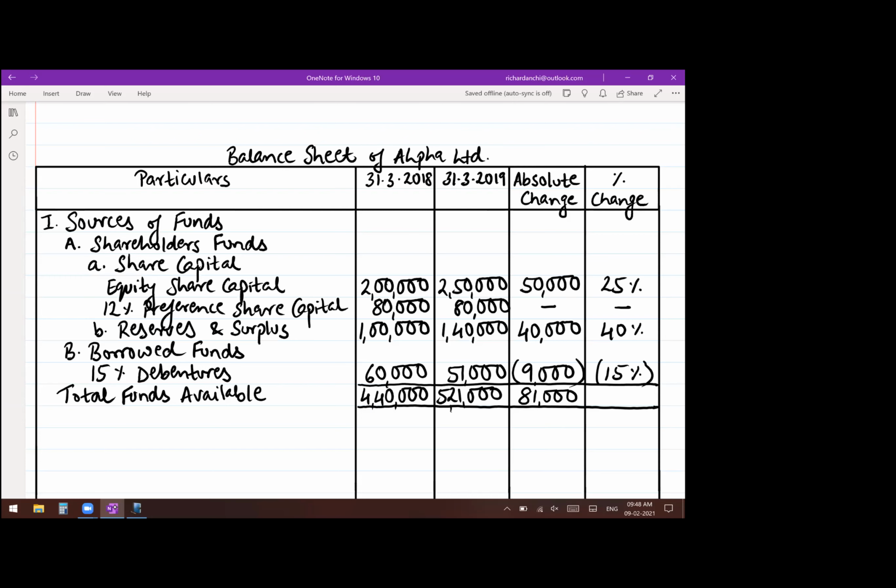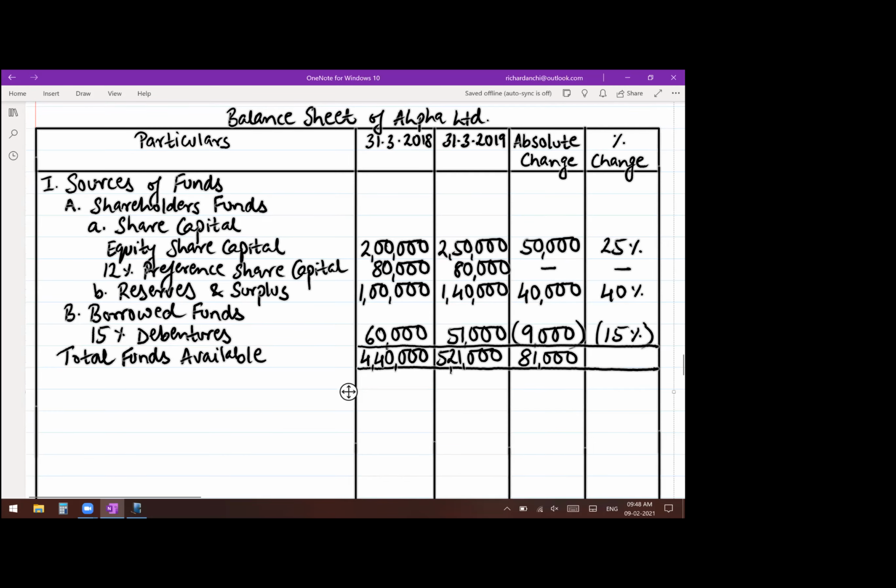And to calculate percentage change now, it will be 81,000 divided by 4,40,000. That is change 81 divided by the initial amount 4,40,000 into 100. Has anybody calculated this? 18.4.